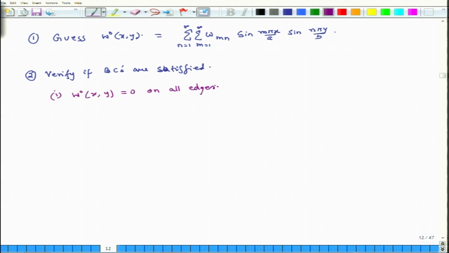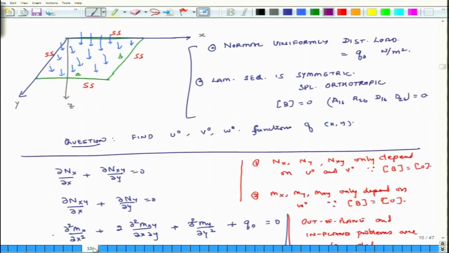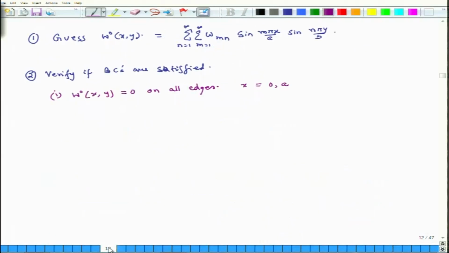So, what are the edges? x is equal to 0 or a. When we look at the problem definition, x is equal to 0 on this edge and x is equal to a on this edge. Similarly, y is equal to 0 on this edge and y is equal to b on this edge. So, these are the 4 edges.